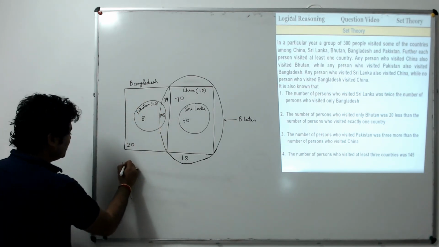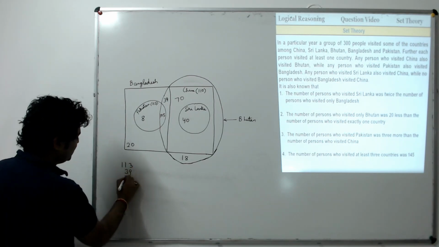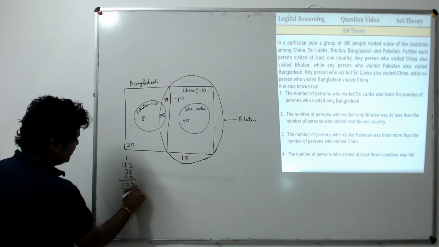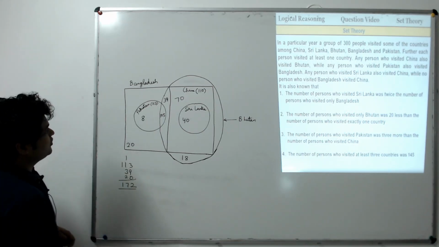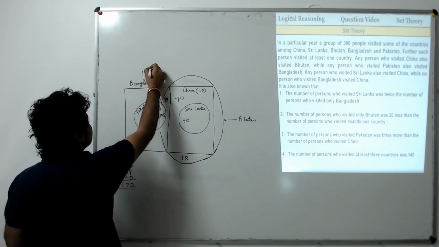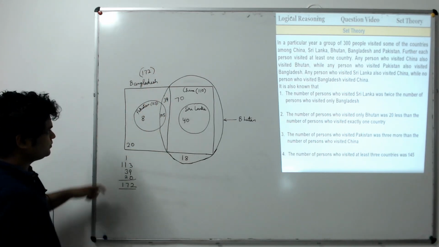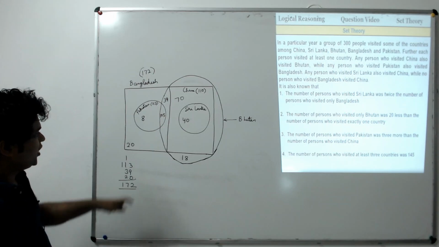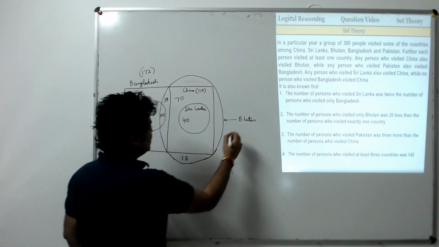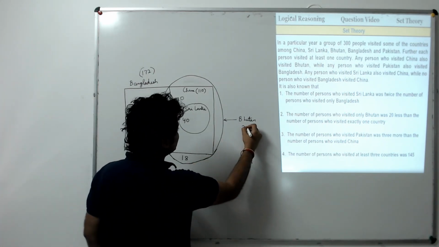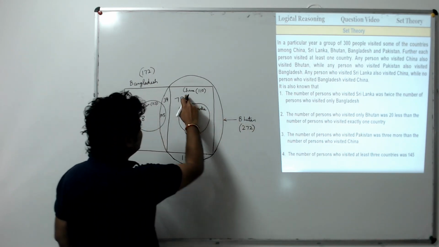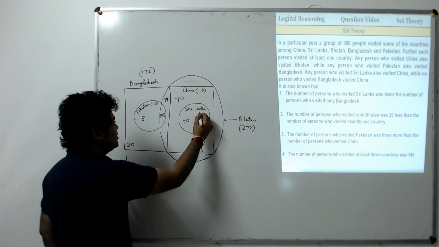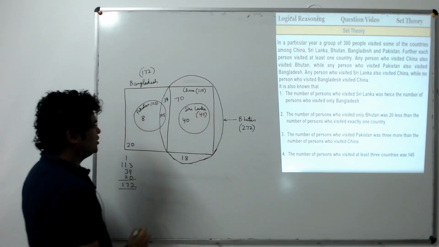So we have 113 plus 39 plus 20, that is 172 people visited Bangladesh. And we know that 100 more than Bangladesh visited Bhutan, so 272 people visited Bhutan. 110 people visited China, 113 people visited Pakistan, and 40 people visited Sri Lanka.